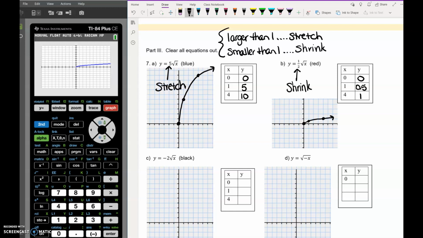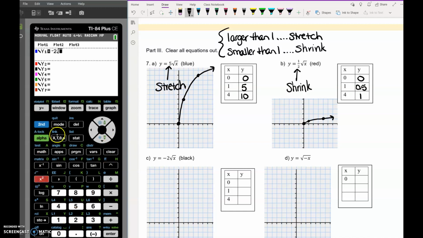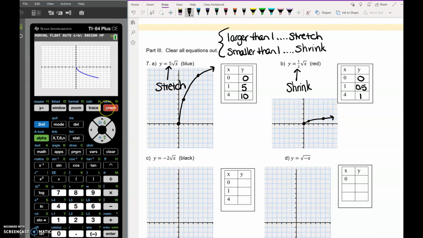Okay, now what do you think is going to happen if we put a negative in front of the graph? It's going to flip it. So if we look here at -2 times the square root of x, this graph is going to have the points 0, 0, 1, -1, and oops, nope, because it's times -2. So 1, -2, and 4, -4.